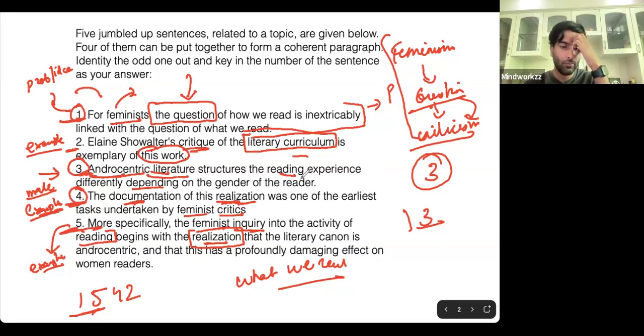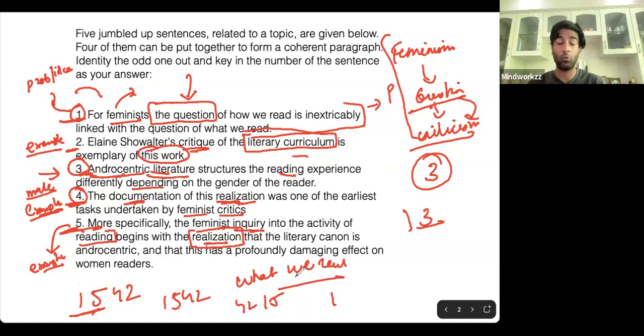One more thing, even if you're not able to come to a conclusion, whether it will be 1542 or 4215 or 2415, whatever, that's fine.